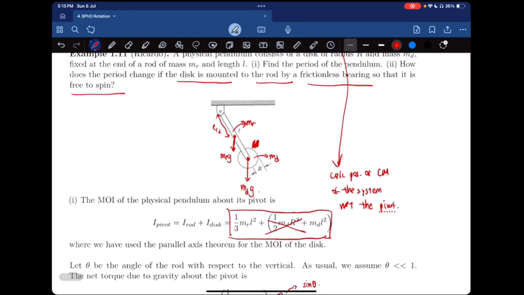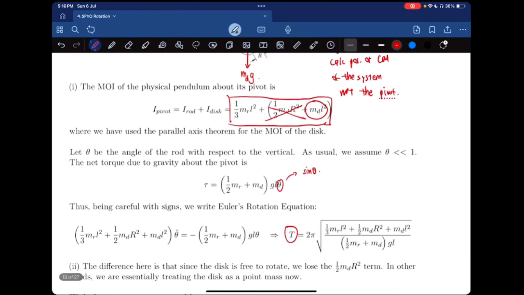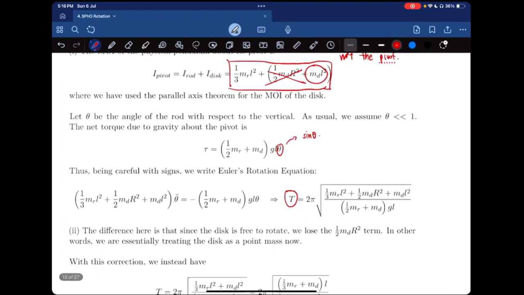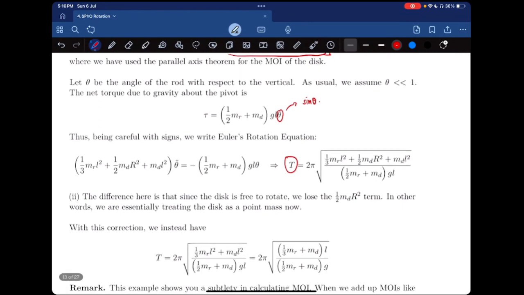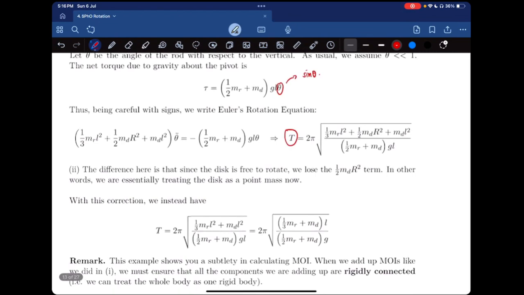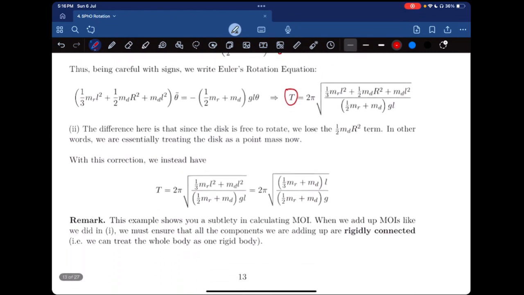It's not being constrained by the rod, and the disk effectively, for our purposes of calculating MOI, just acts as a point mass that goes about the pivot, which is why this term still survives. So that is the modification that we make to our MOI when we have a condition imposed such that the whole object is not one rigid body. So imposing this correction to the MOI, we can write the new period as such.